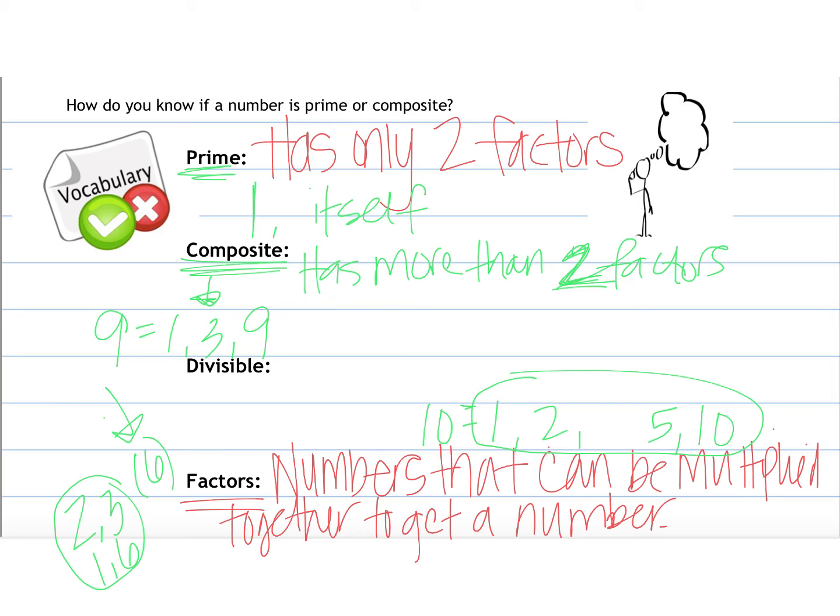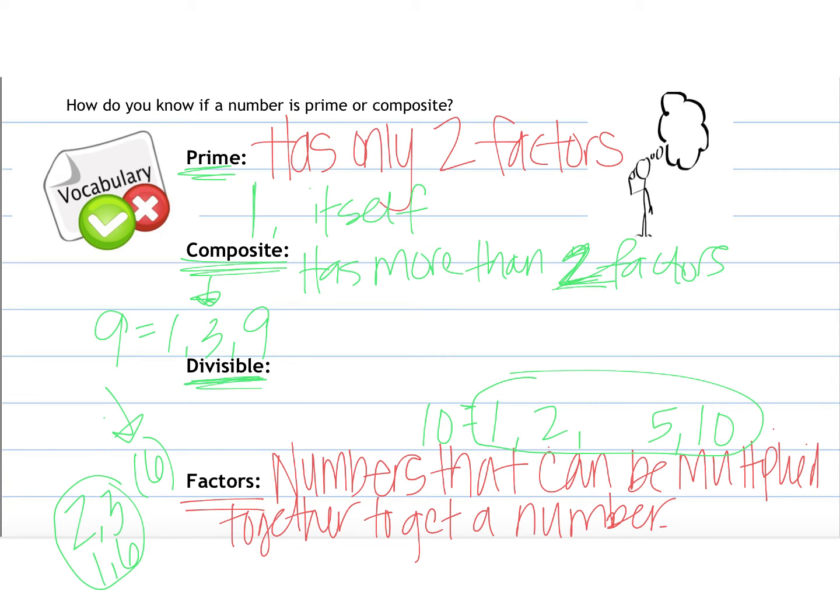So it's not necessarily all the even numbers, because obviously every even number is going to be composite, because every even number can be divided by 2 except for 2, which we'll talk about in a minute here.